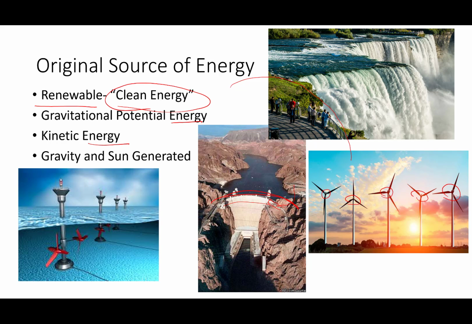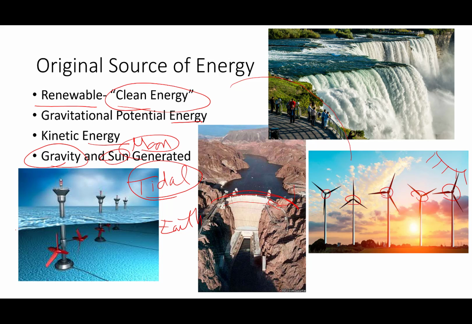The heating and cooling of Earth's atmosphere, which is done by our glorious sun, generates the electricity. Tidal power, I think, is very nifty. It works well if you are near the oceans and you have extreme tides. Tidal power is actually powered by gravity, the gravitational attraction between the sun, the moon, and of course our lovely planet Earth.